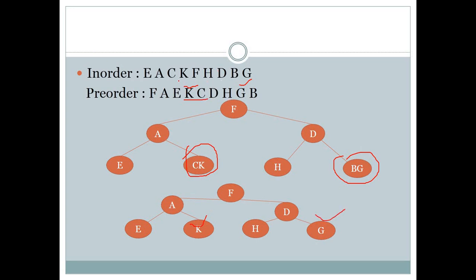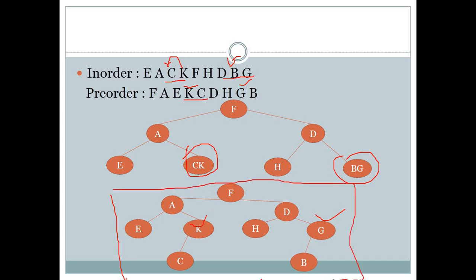In in order, if we check that C is before K, in order says first left, then root, then right child, so C will be the left child of K. Also in B and G, B is on the left side of G, so again B will be the left child of the G node. So this is the creation of our binary tree from the two traversals, in order traversal and pre-order traversal.